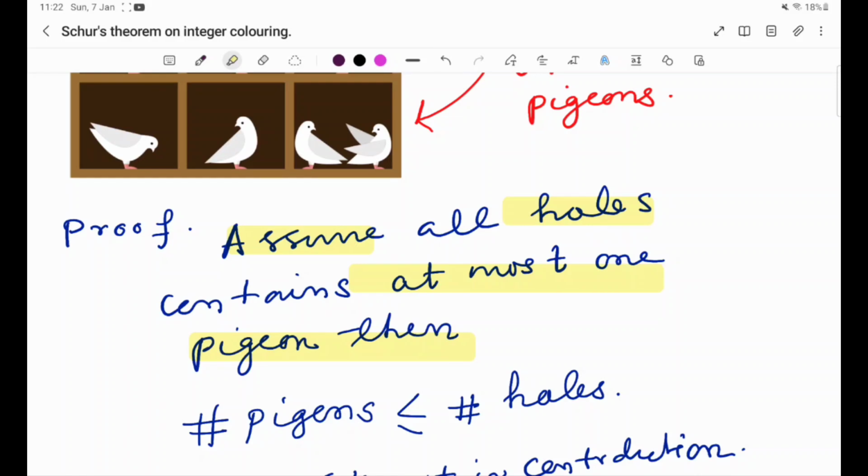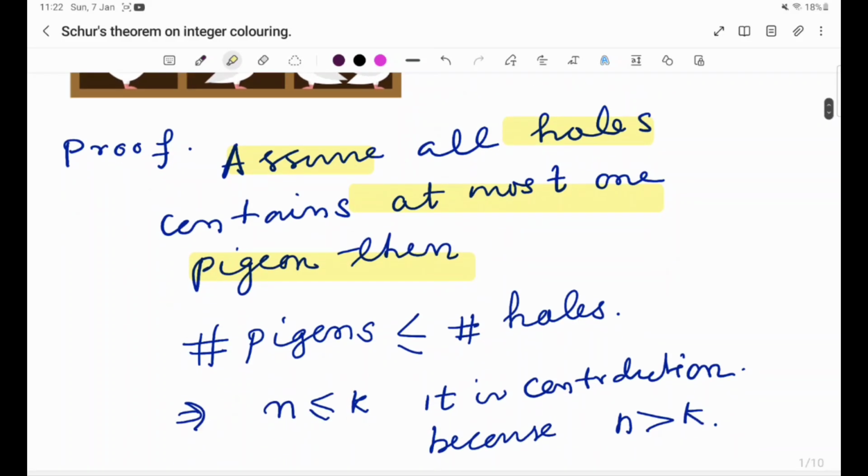What I am saying is at most one, because that is exactly the negation of what we have to prove. We have to prove that there is at least one hole that contains two or more pigeons. So suppose every hole contains less than or equal to 1 pigeon. Then the number of pigeons is less than or equal to the number of holes.